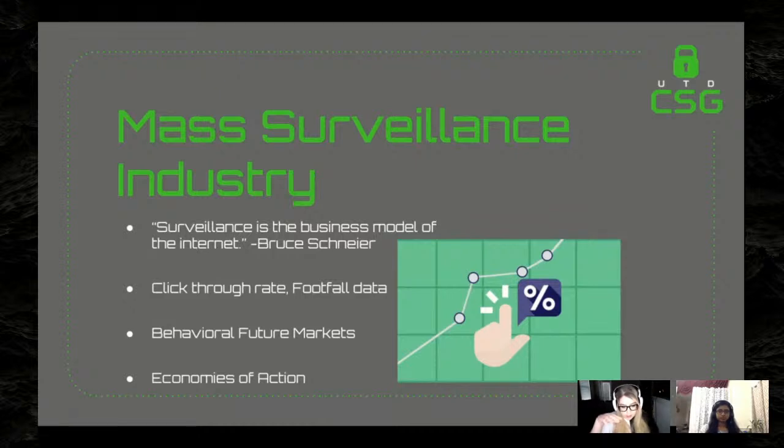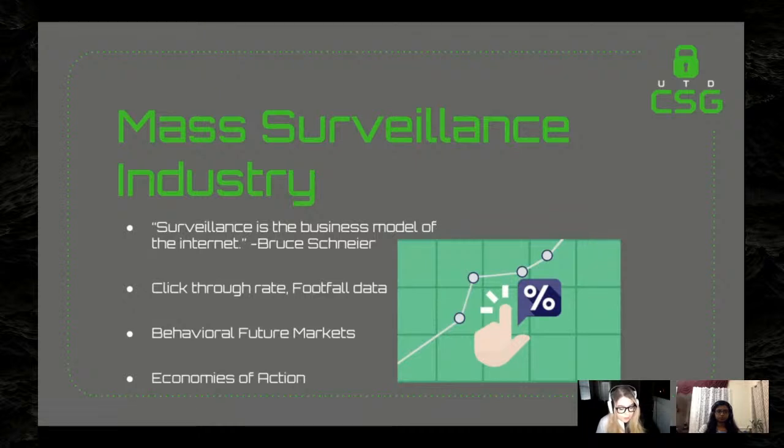So these are targeted towards you, and not everything is necessarily towards the individual user. This is certainly a massive scale, and they use it to collect data on populations and sell this data for behavioral futures markets. And that way they can develop these lure models to draw in more customers.